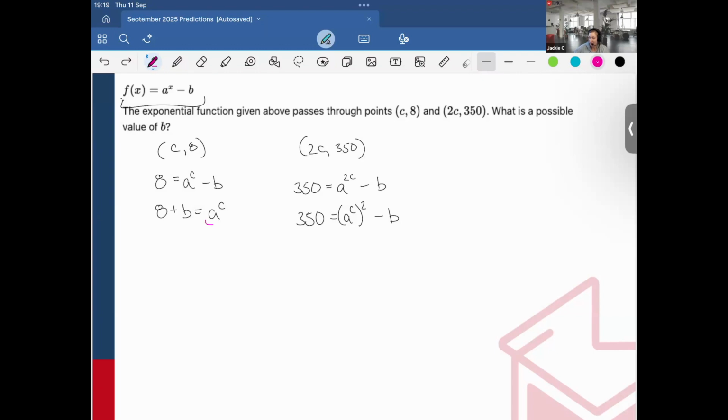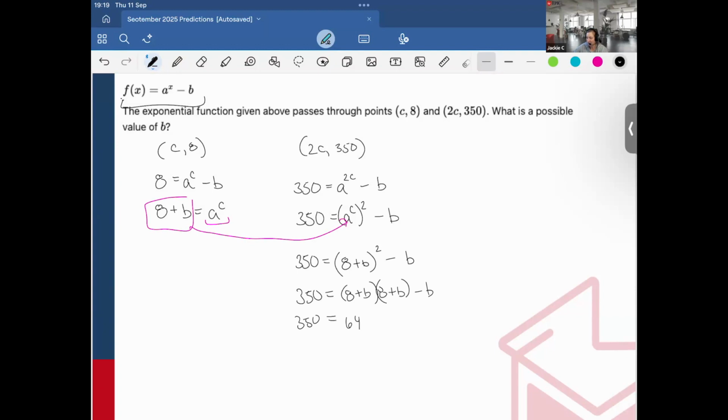Amazing. Look, I defined what a to the c is. System of equations, I can do substitution. Let's go ahead and do that. So we have 350 is equal to 8 plus b, squared, minus b. And then you would definitely want to expand your brackets or parentheses. That would give me 64 plus 16b plus b squared minus b.